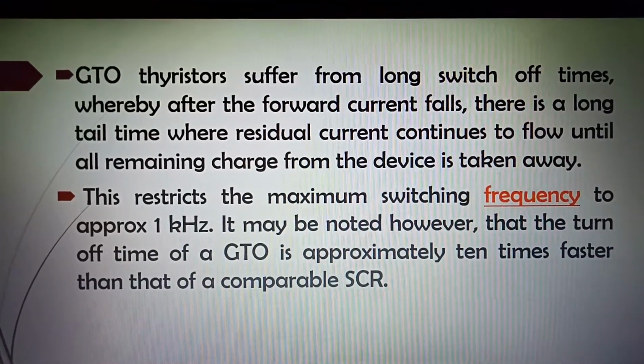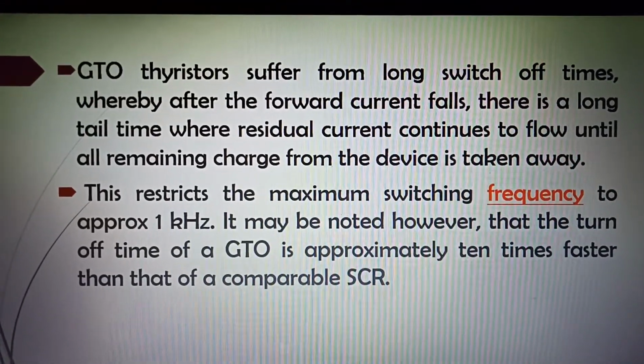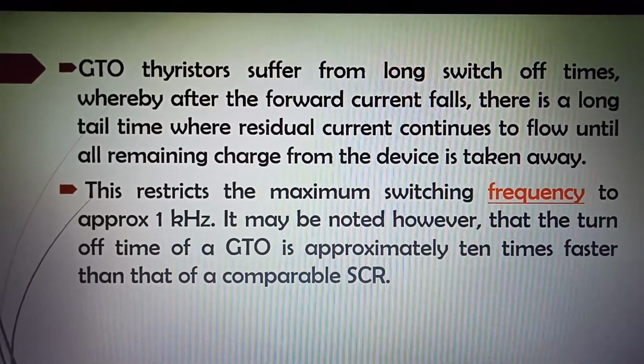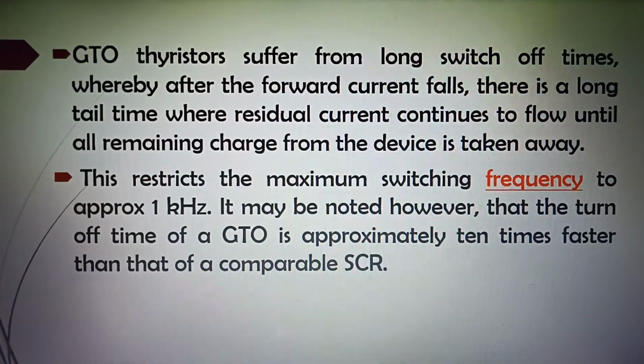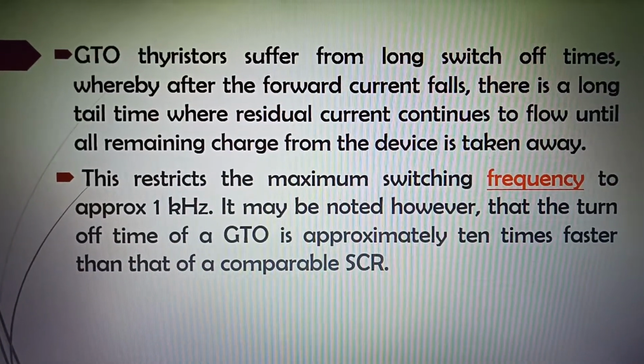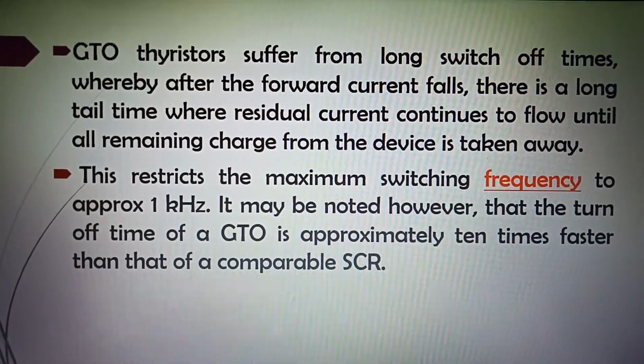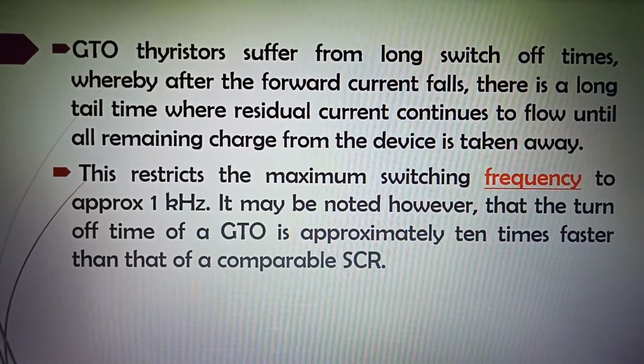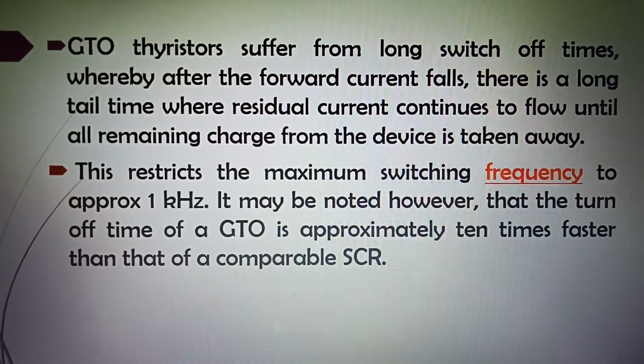GTO thyristors suffer from long switch-off time. After the forward current falls, there is a long tail time where residual current continues to flow until all remaining charge from the device is taken away.